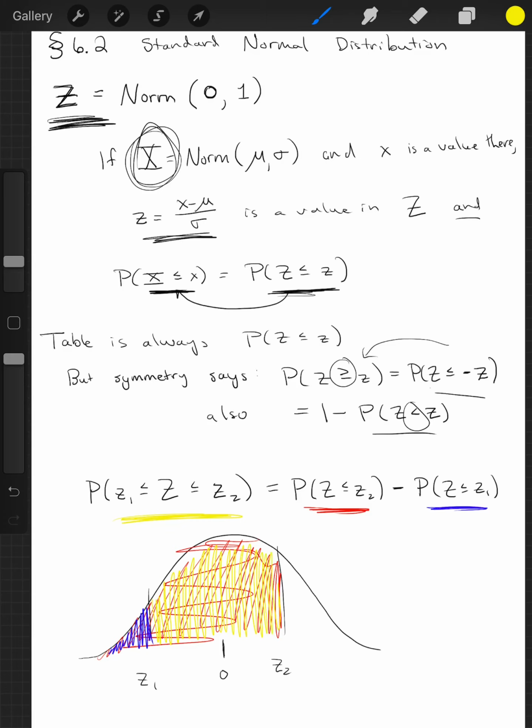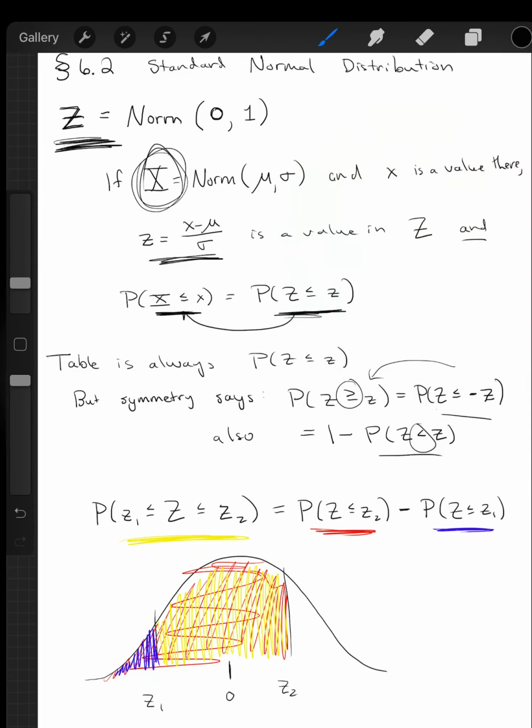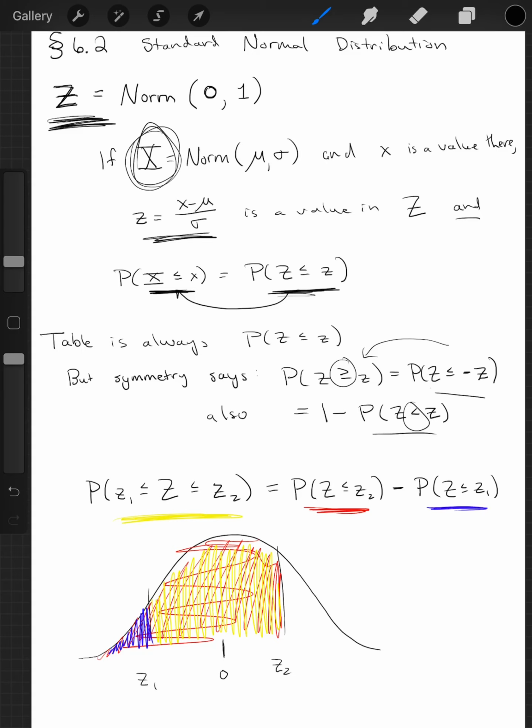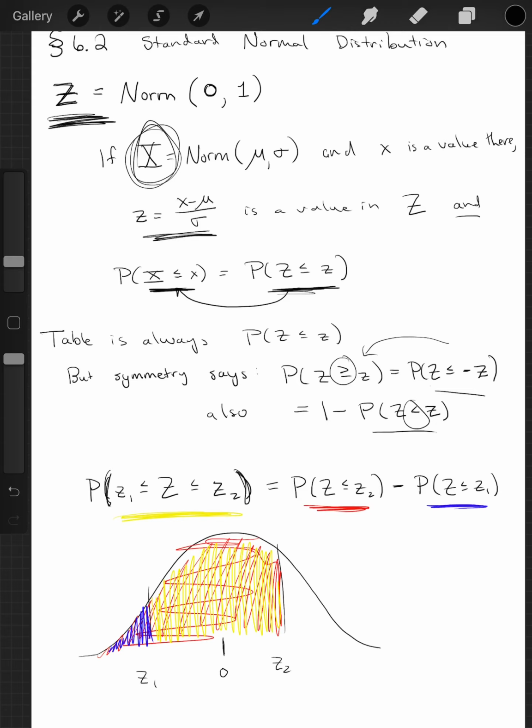And the thing that we actually want is going to be just this stuff. So we can see if we take all of that red stuff, but then take away the part that's covered in blue, we get exactly the stuff that's colored in yellow there. The idea of the area under the curve to get this double-sided probability here.